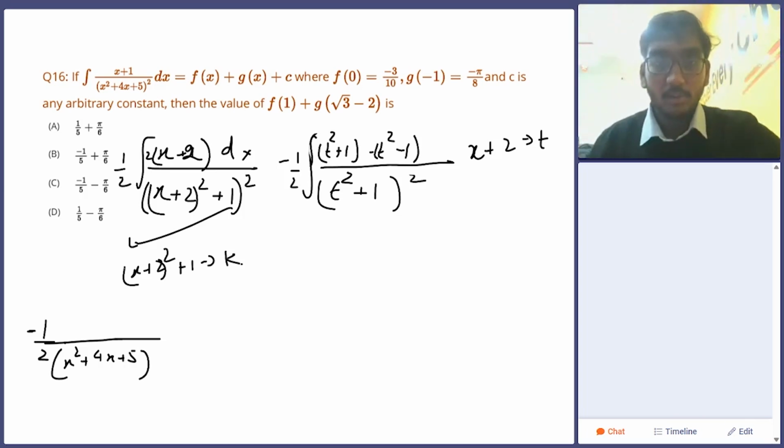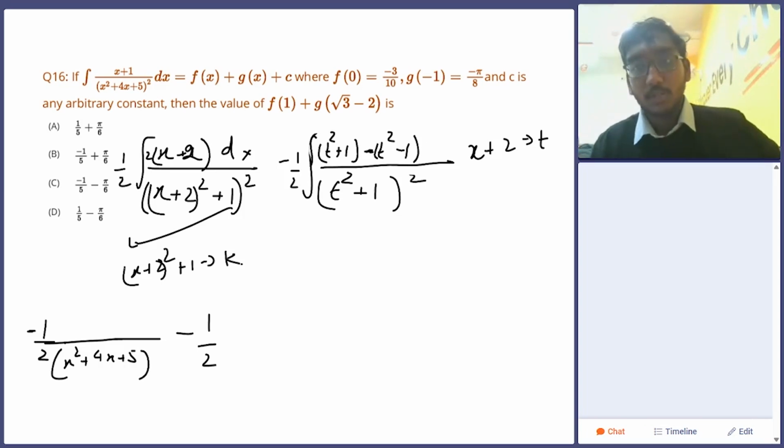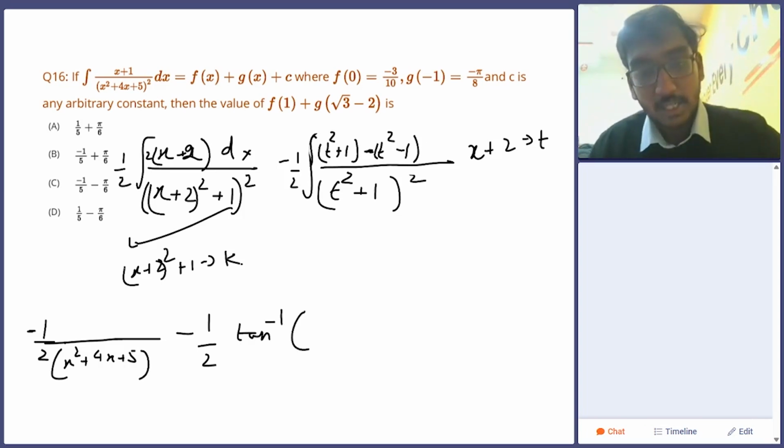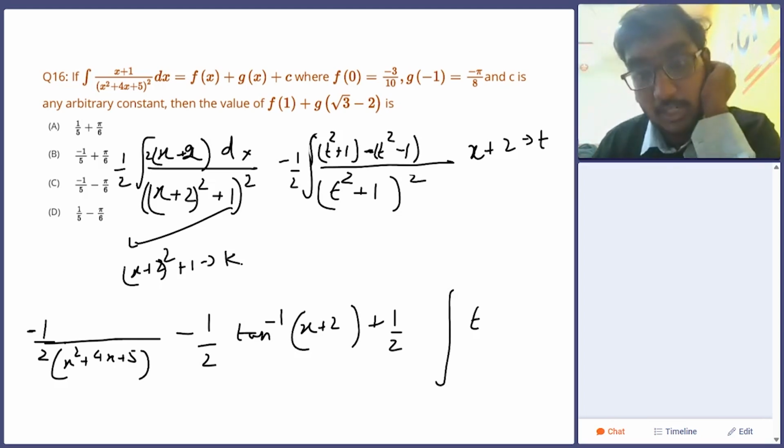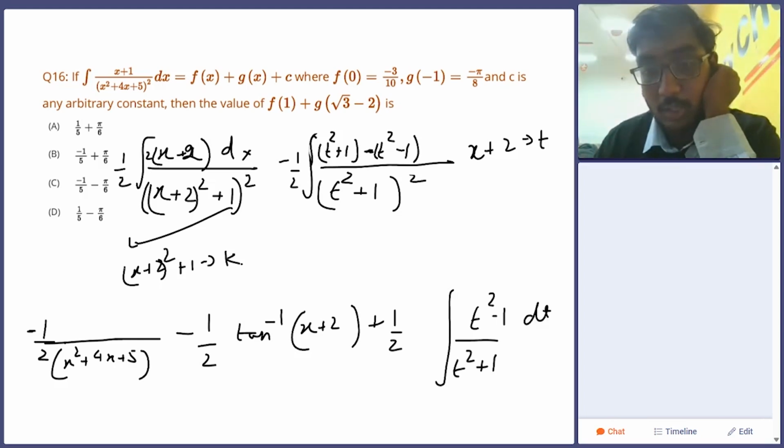See, now you can again split it into two integrals. One integral will be what? It will be minus 1 by 2 into 1 by (t square plus 1). Okay, that will be tan inverse t. Instead of t, you just put it as x plus 2. What will be the other integral? It will be plus half times integral (t square minus 1) dt divided by (t square plus 1) whole square.